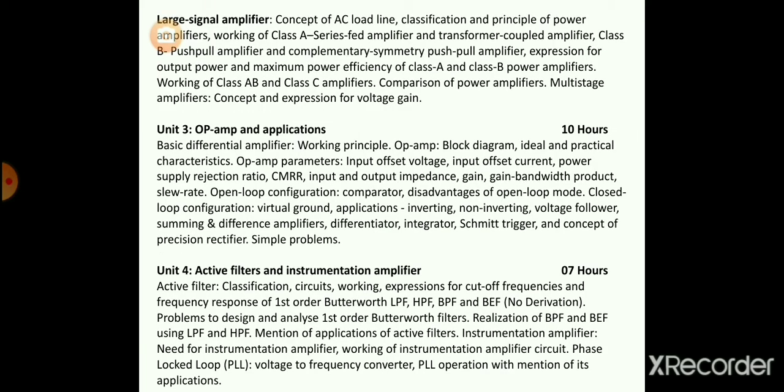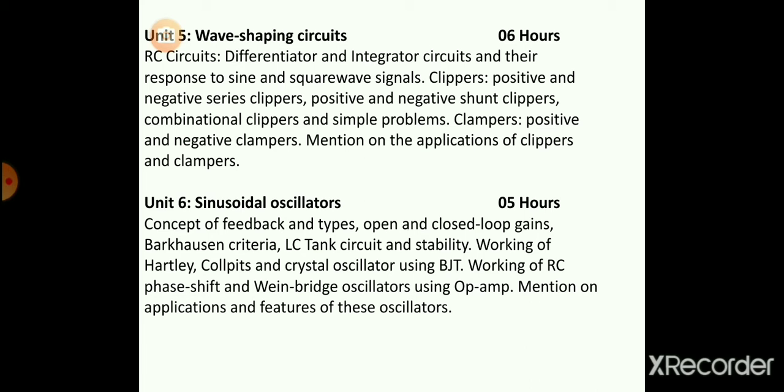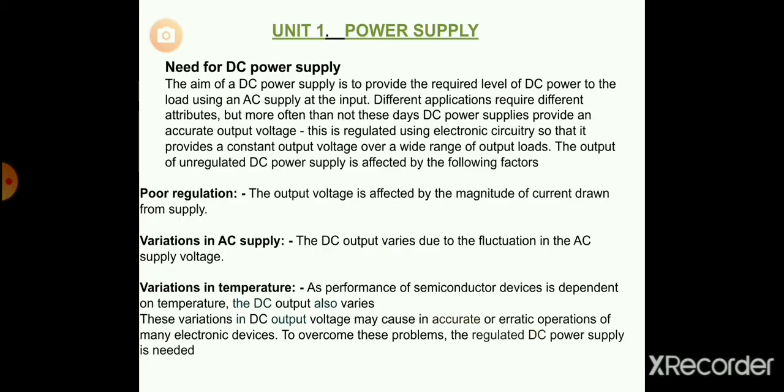Third one, large signal amplifier. Third one, op-amp and applications. Fourth one, active filters and instrumentation amplifier. Fifth one, wave shaping circuits. Sixth one, sinusoidal oscillators. Mainly we are going to focus on unit 1, power supply.